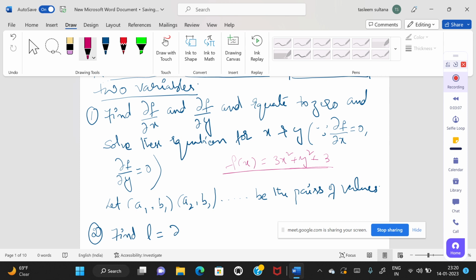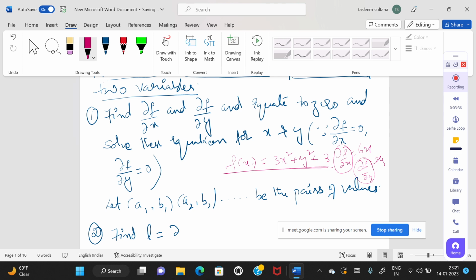Then dou f by dou x is equal to 6x, and dou f by dou y is equal to 2y. Then you substitute dou f by dou x equal to 0 and dou f by dou y equal to 0.